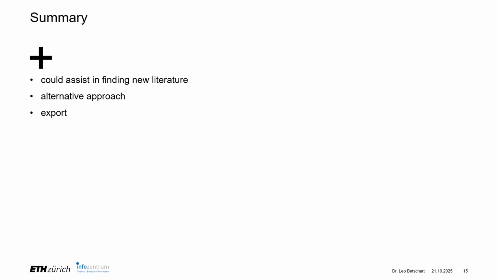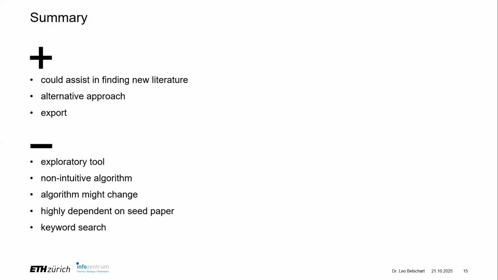You can export it. I do find it has a number of drawbacks. It's an exploratory tool. The algorithm is maybe non-intuitive to grasp, because if you look at the graph, you don't really know what it means or how it came about. And this algorithm also might change over time, and then you couldn't really reproduce what you now saw.